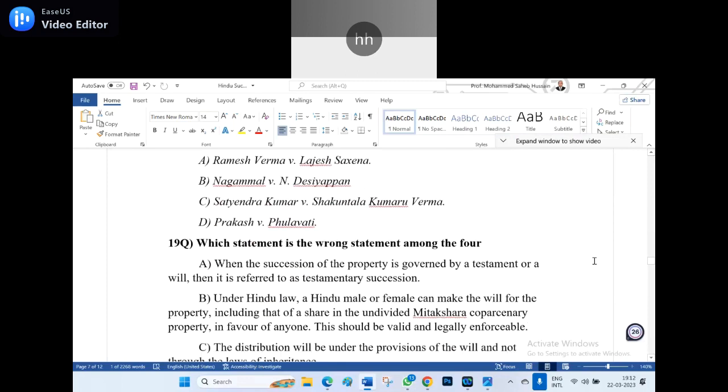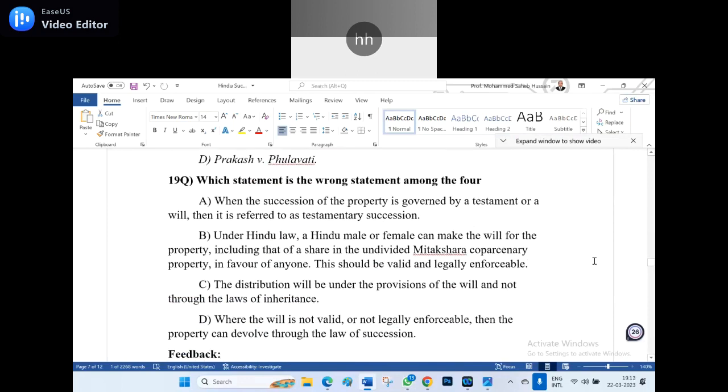Now the 19th question. Be ready. Which statement is the wrong statement among the four? A. When the succession of the property is gone by the testament or will, then it is referred to as testamentary succession.